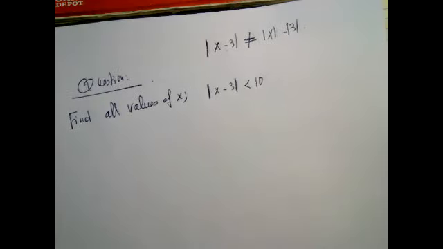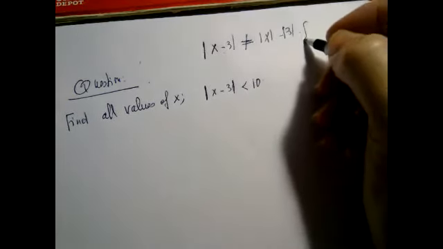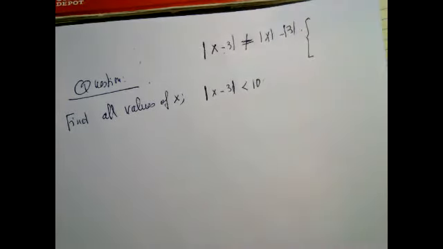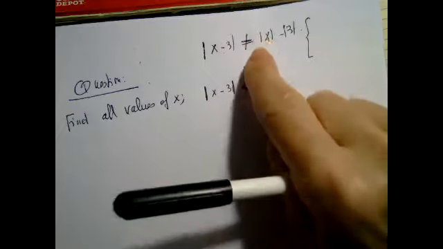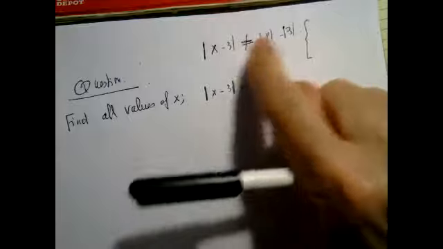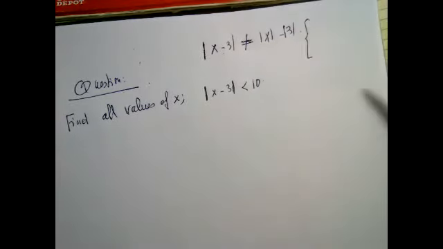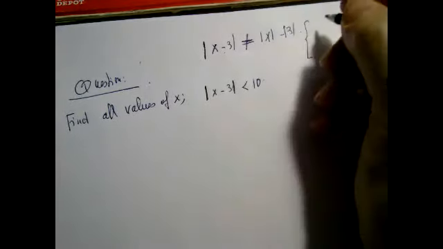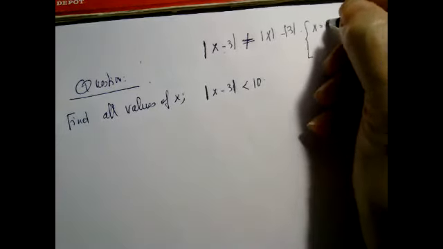Who can give me an example to convince me that this is false? Anybody give me any simple example? Who can give me a value of X to convince me that it doesn't work? Minus 2. Okay, take X to be minus 2.